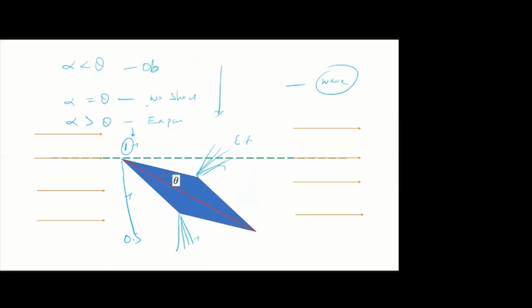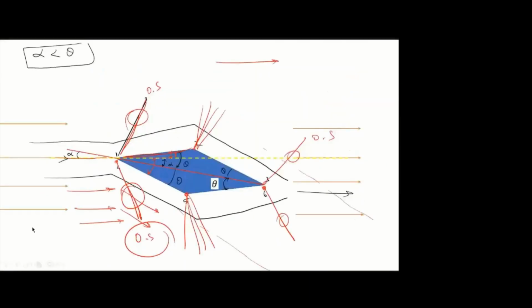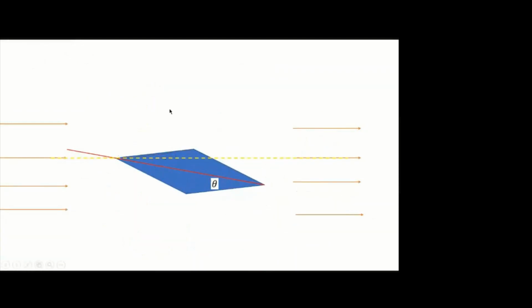Is it clear? Yes, sir. Then see the flow deflection angle: behind the center corner, the flow deflection angle is always 2 theta, whatever the angle, whether it is 0 degree, 15 degree, 10 degree.